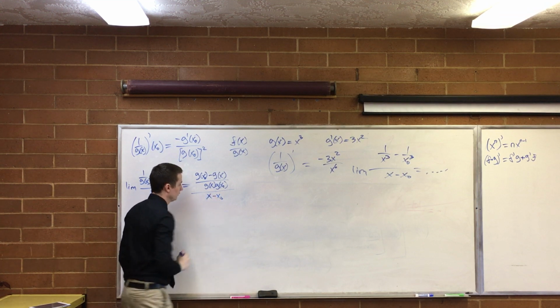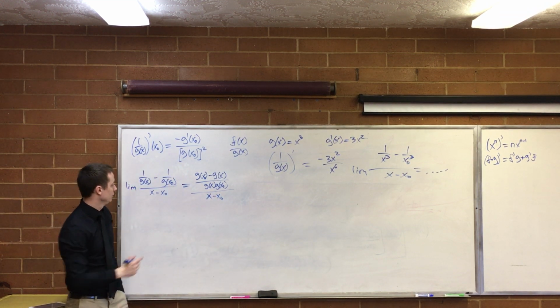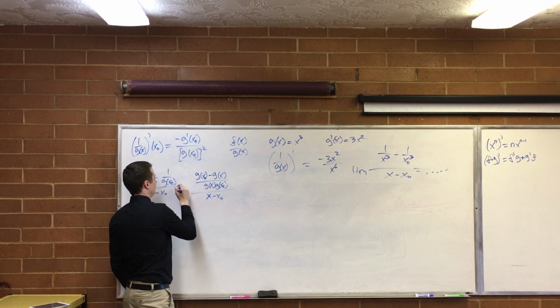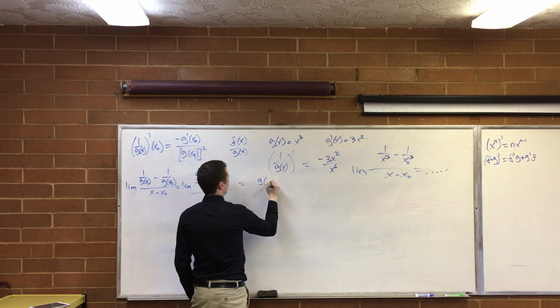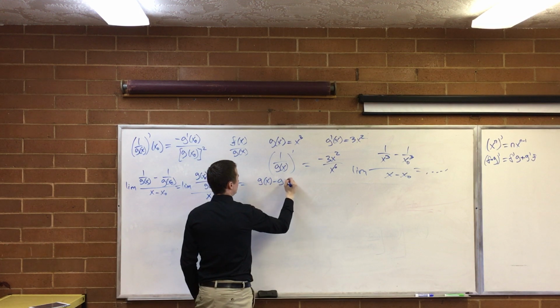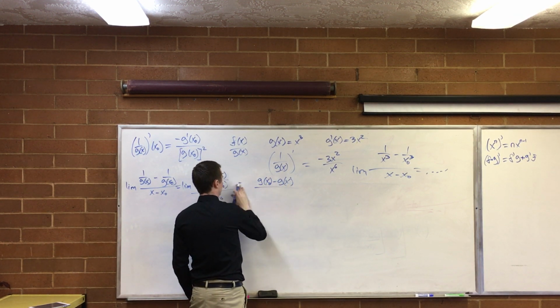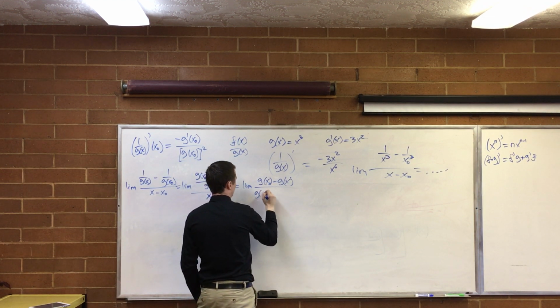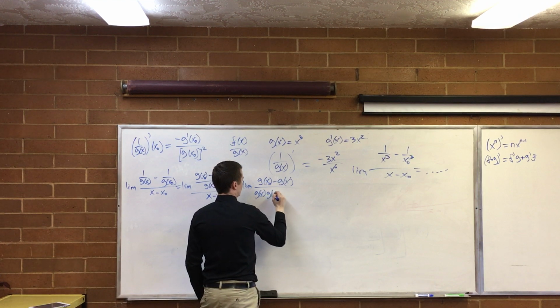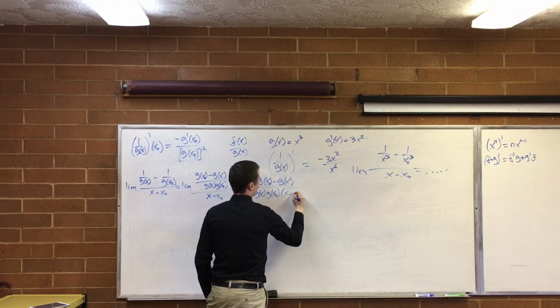I'm doing this a stupid way so you guys can see everything. Now the limit of that is equal to the limit of g of x naught minus g of x over g of x times g of x naught times x minus x naught.